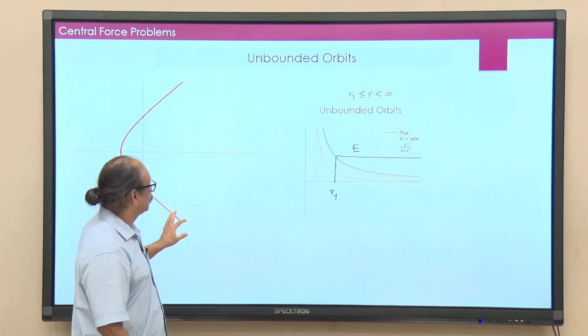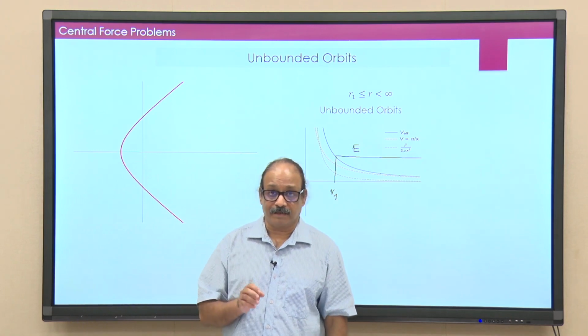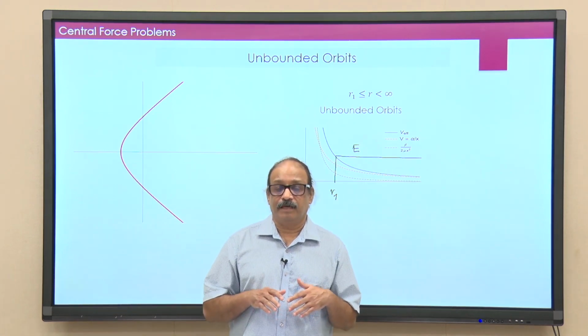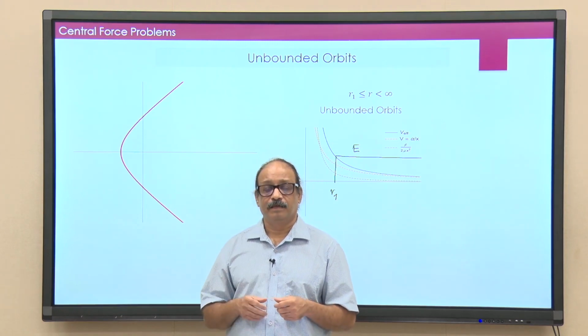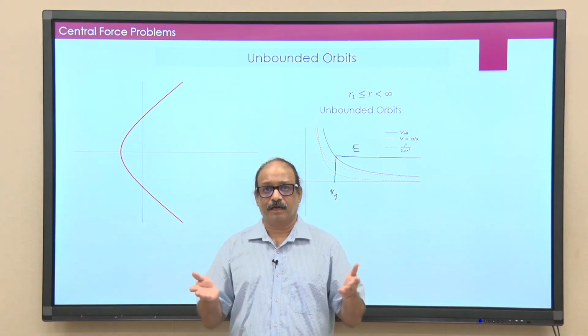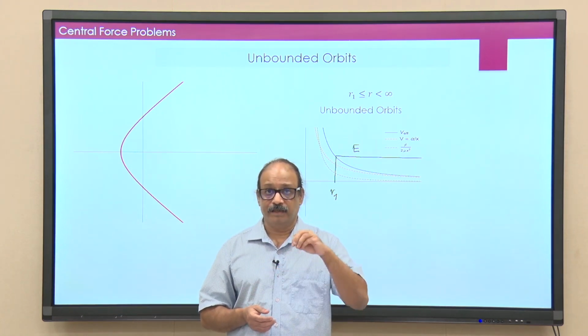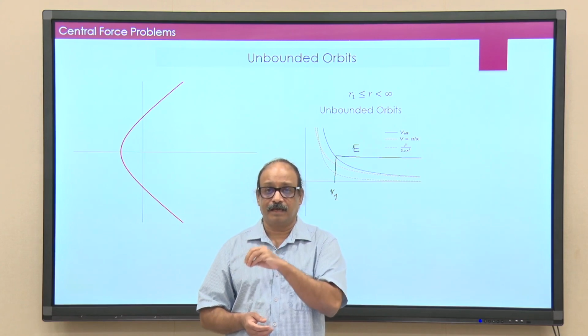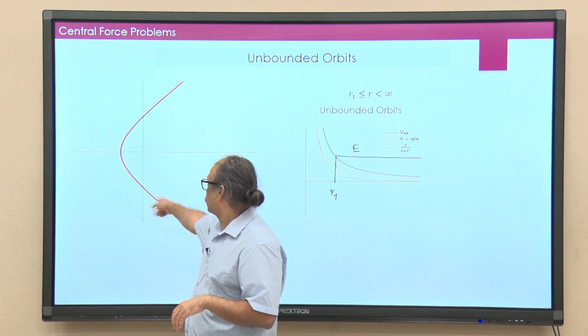In the next class, we would bypass the question of time variation. I just want to find the equation of the orbit. An orbit, or a trajectory, is just a curve, so basically I need r in terms of theta. I do not need r in terms of time or theta in terms of time, but I need r in terms of theta. That gives me the trajectory.